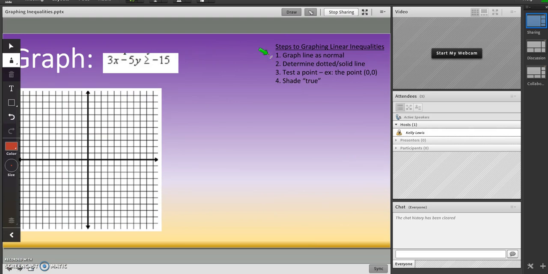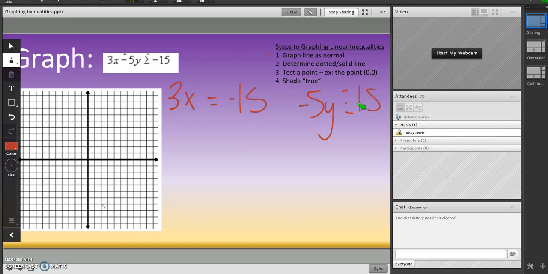So here we are. It's in standard form. First I'm going to figure out the x-intercept and the y-intercept. When I figure out the x-intercept, I substitute 0 for y.